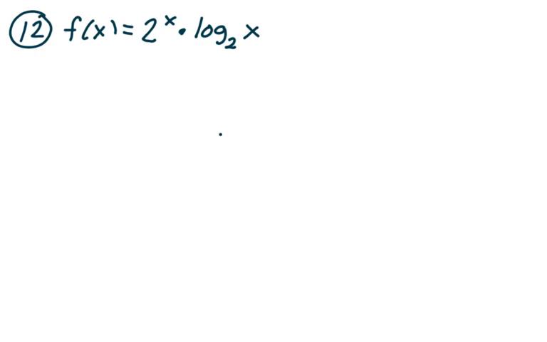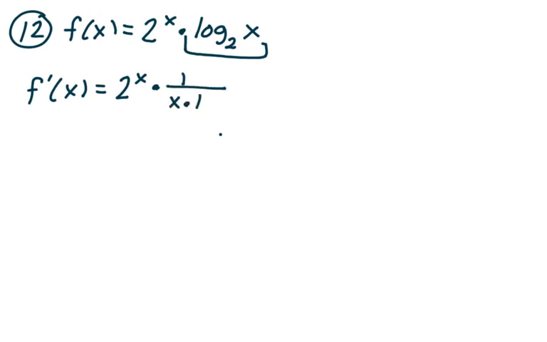This is a classic product rule problem. So I want the derivative of this. So I'm going to write the first function. That's 2 to the x. I'm going to multiply by the derivative of the second function. That's the second function here. That's 1 over x times the natural log of 2.